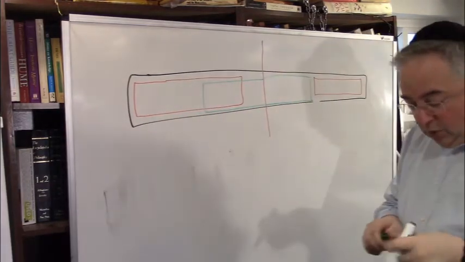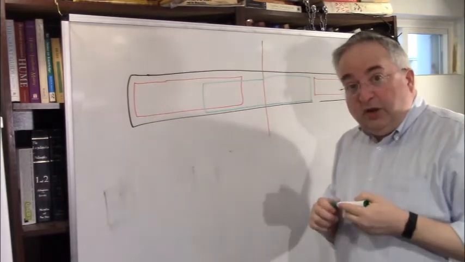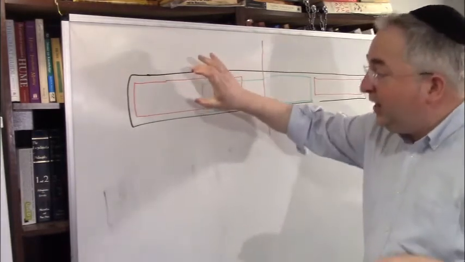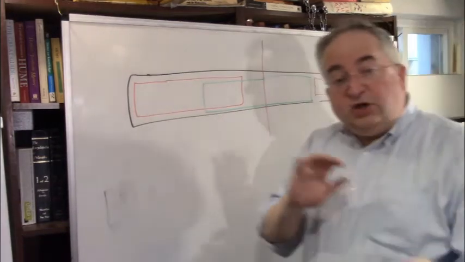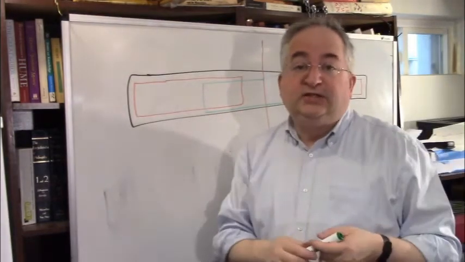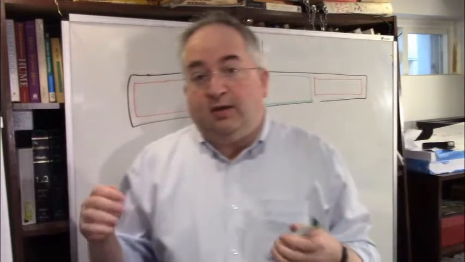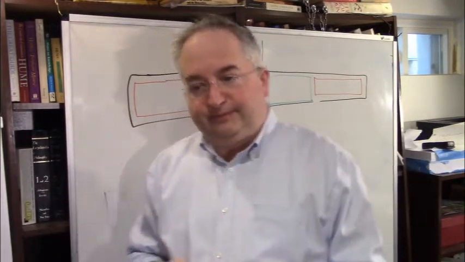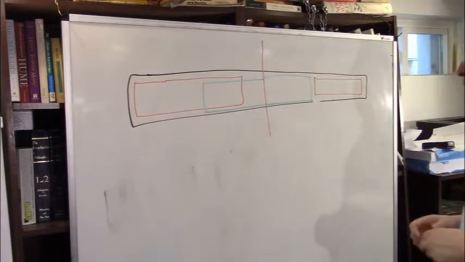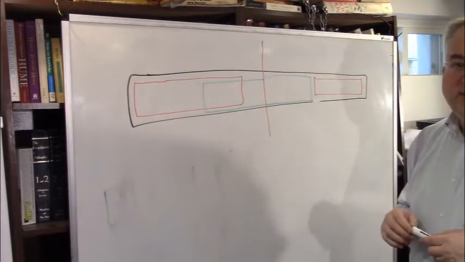So your maximal subarray could be either this red one, or this red one, or this green one. It could be on this side or that side. Okay, so you have to check all 3 of these possibilities.